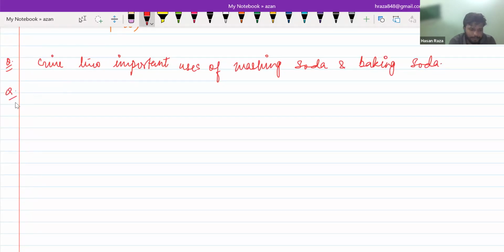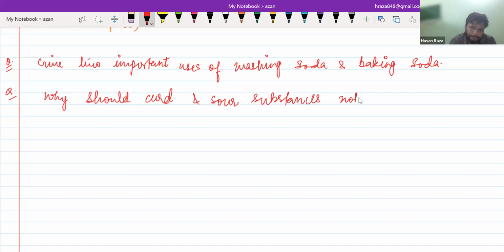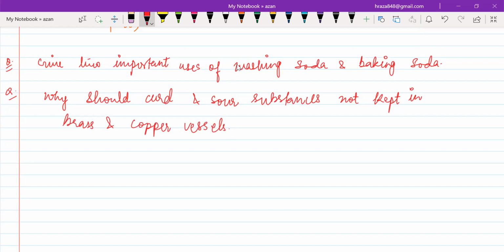The second question is, why should curd and sour substances not be kept in brass and copper vessels? Please do these two questions.